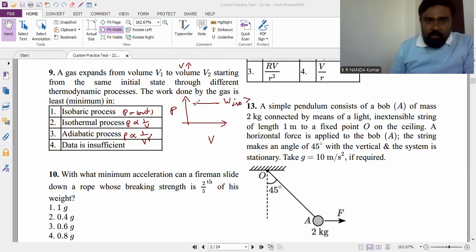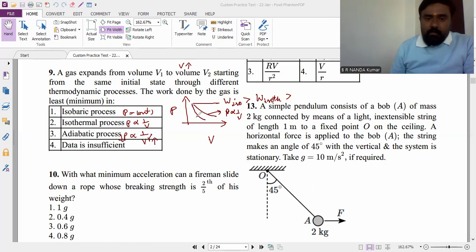Next, isothermal, so P is inversely proportional to V. So after isobaric, the next maximum work is isothermal. After isothermal, the next one is adiabatic: if V increases, P decreases more, so the curve is steepest, like this.